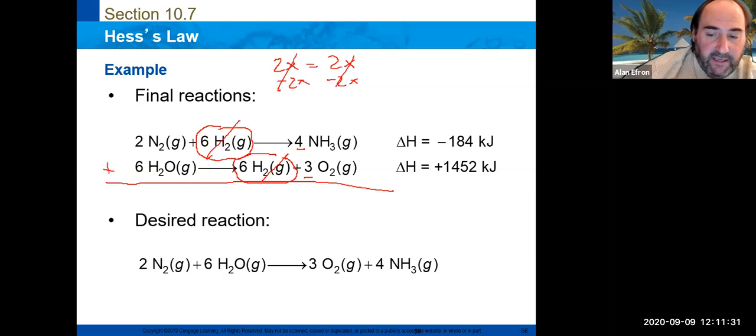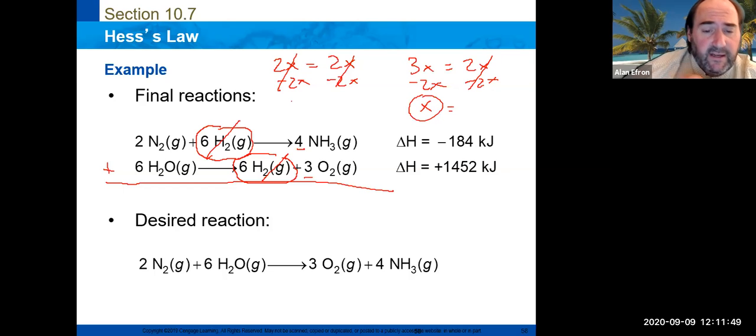So it's the same idea when you're adding equations together. If you have things on opposite sides of the arrow, they also reduce. Same idea, if you had 3x equals 2x, you take minus 2x to the other side and be left with an x, right? And same idea, if I had 6 H2s on one side, 5 on the other, I would be left with 1. So it's like subtracting it to the other side, and that's how they cancel.